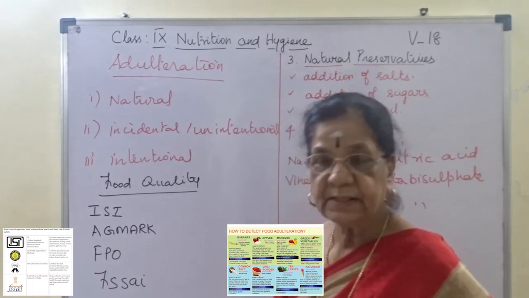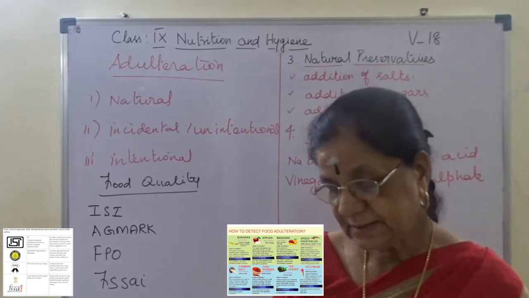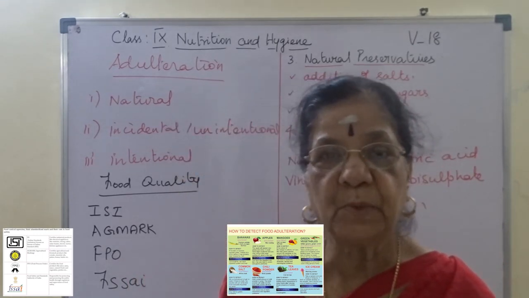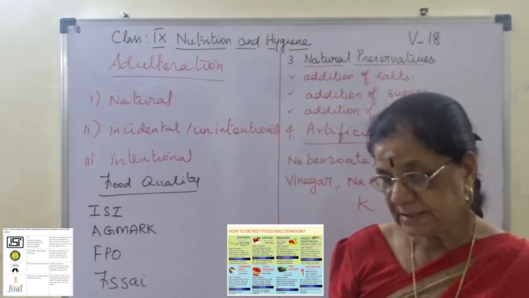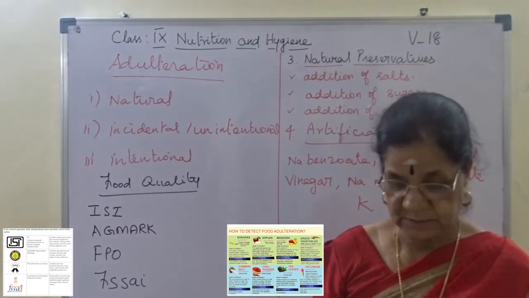Okay. Then intentionally added adulterants. These adulterants are added intentionally for financial gain. They call it market jealousy, business jealousy. Financial gain, and they have serious impact on the health of the consumers.